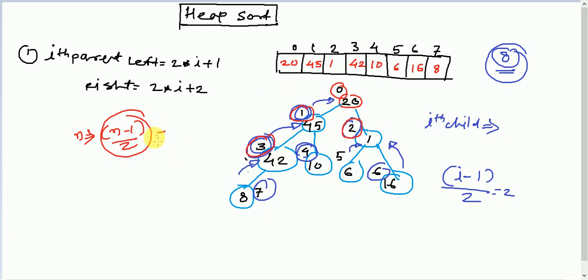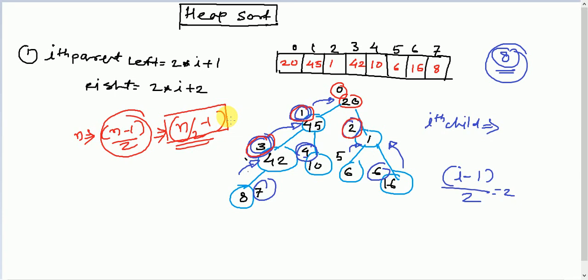Or actually, to get the highest index of a parent, the standard formula is represented as n divided by 2 minus 1. This is true only for finding the largest index of the parent. Okay, so n is 8, 8 divided by 2 is 4, 4 minus 1 is 3. Okay, so these are some basics.